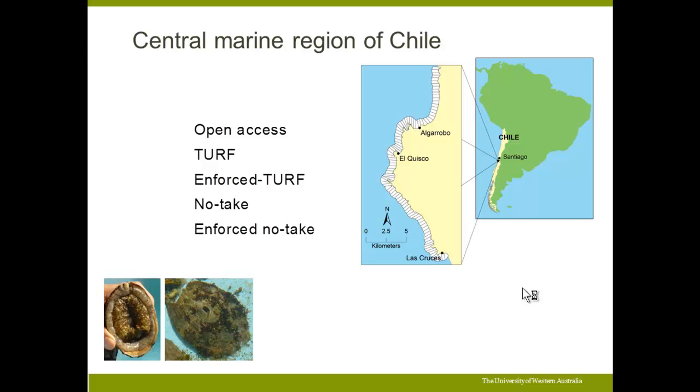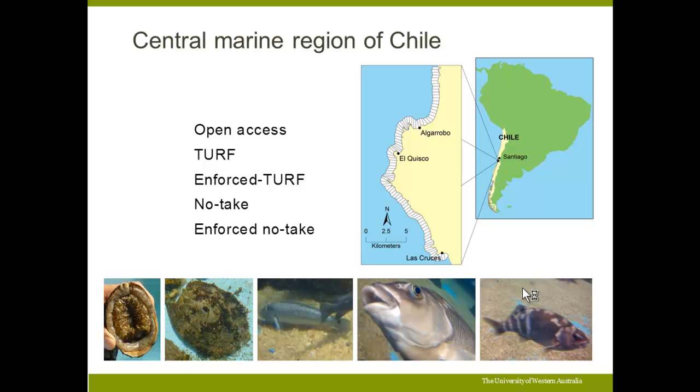So what we're looking at in this analysis is 2 invertebrate species. On the far left-hand side, that's the Chilean loco. It's very similar to abalone, and it's their major species. And then we have 3 reef fish. The important thing about these reef fish is that they have very restricted home ranges.